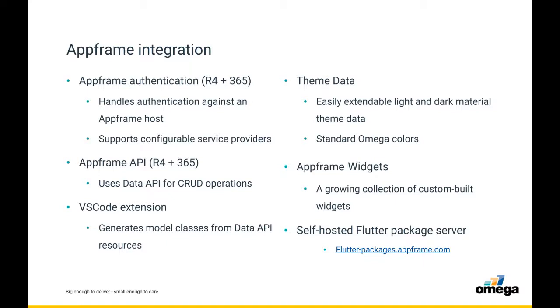This is an ongoing collection of custom-built widgets taken from some of the applications we have built so far, where an equivalent couldn't be found in the available widgets from Flutter. And all of these packages are hosted on our private Flutter package server. Unfortunately, for the moment being, it's transitioning to a new host, so we have a temporary downtime.